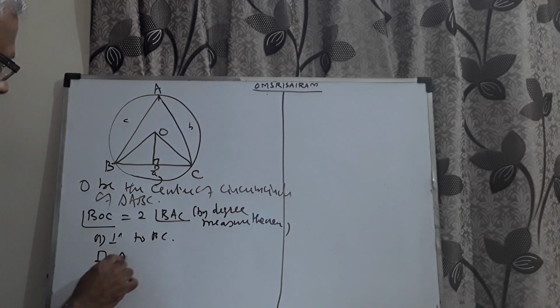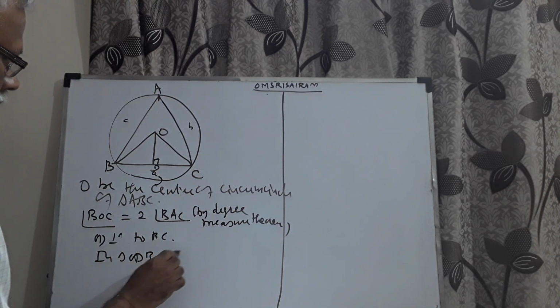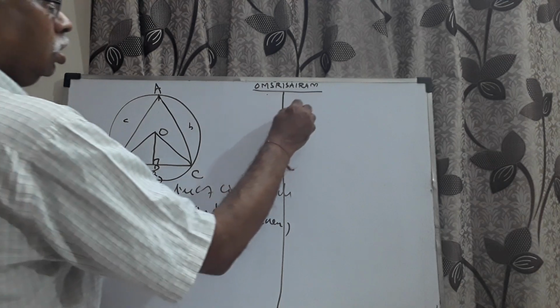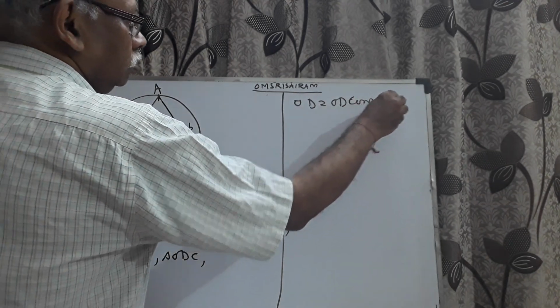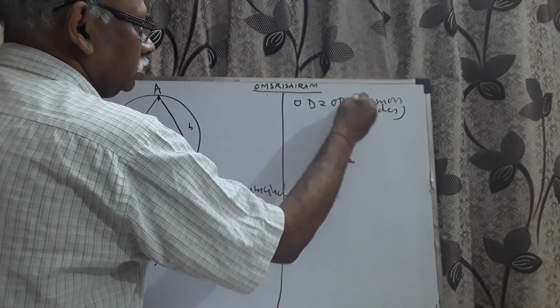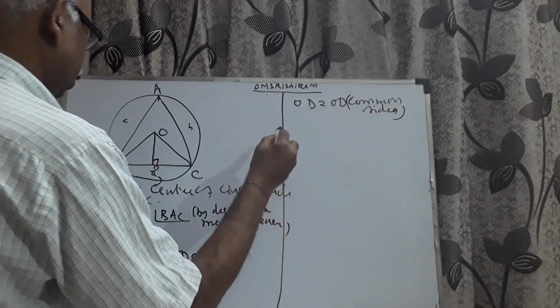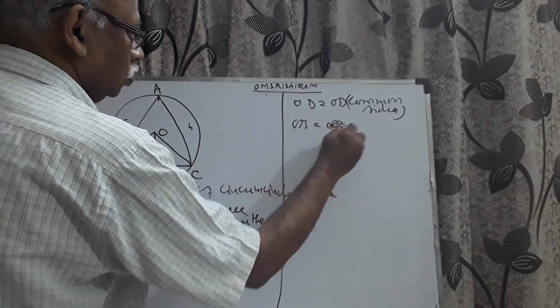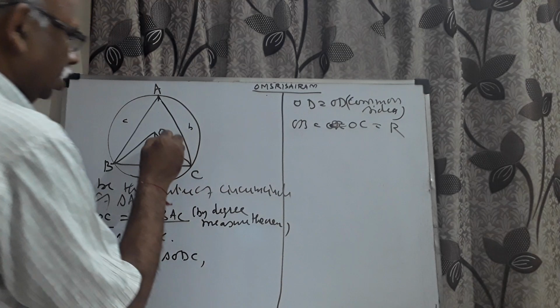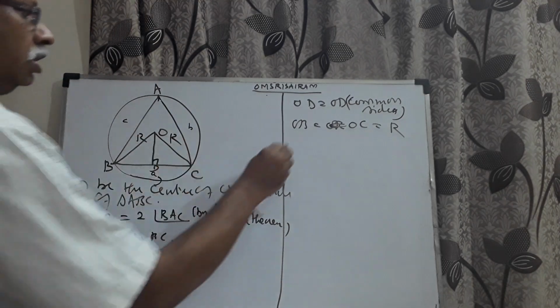Now in triangle ODB and triangle ODC, OD is equal to OD, a common side. Next, of course, OB is equal to OC is equal to capital R, the circumradius.